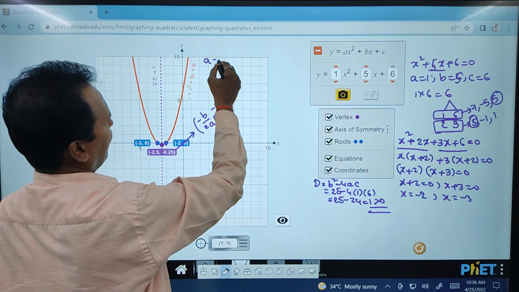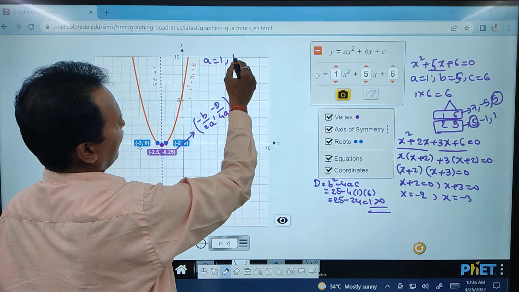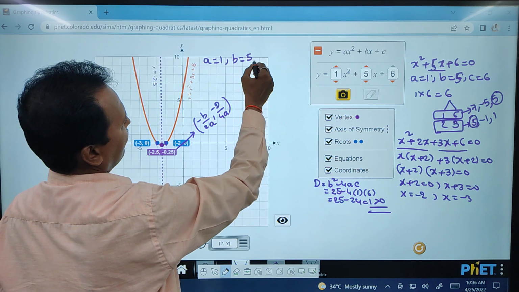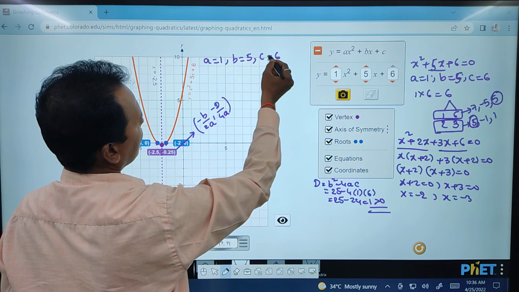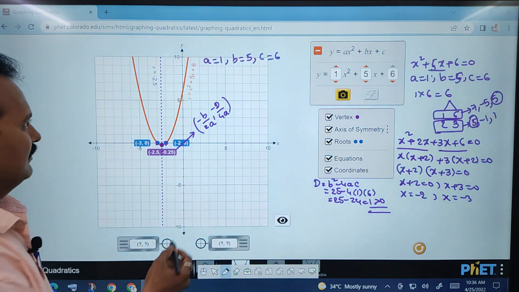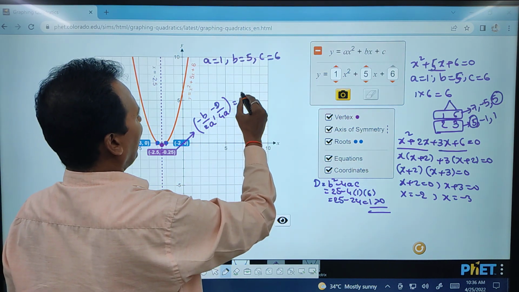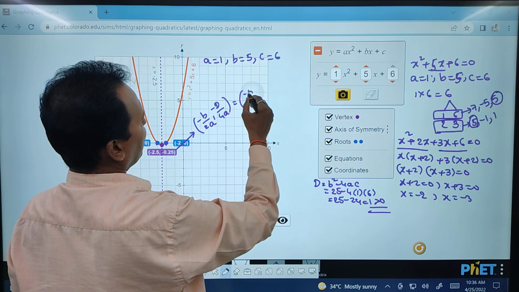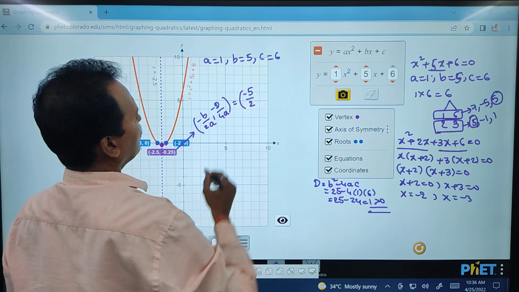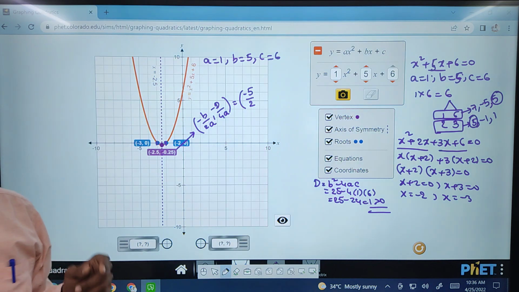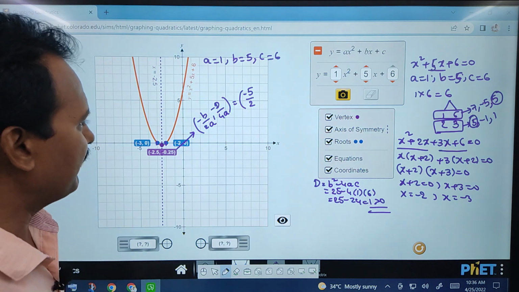Here a value is 1, b value is 5 and c value is 6. Substitute all these values: minus b by 2a, minus 5 by 2 into 1, a value 1 only, so minus 5 by 2.